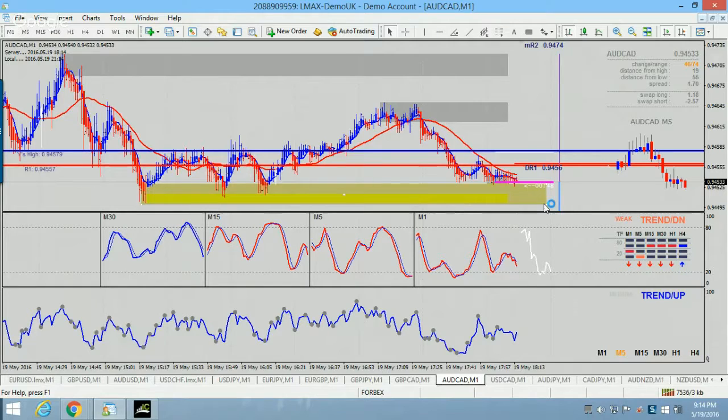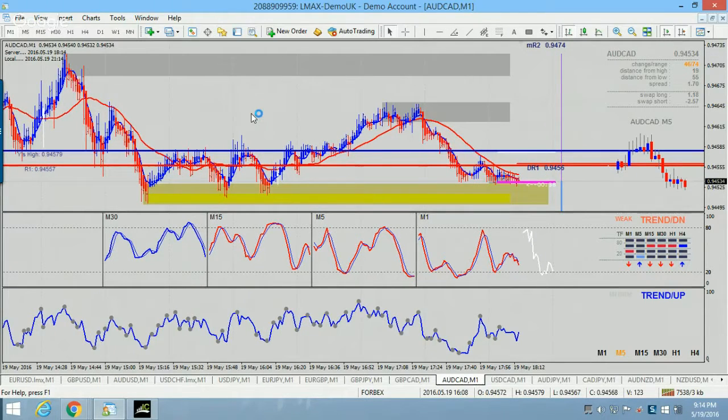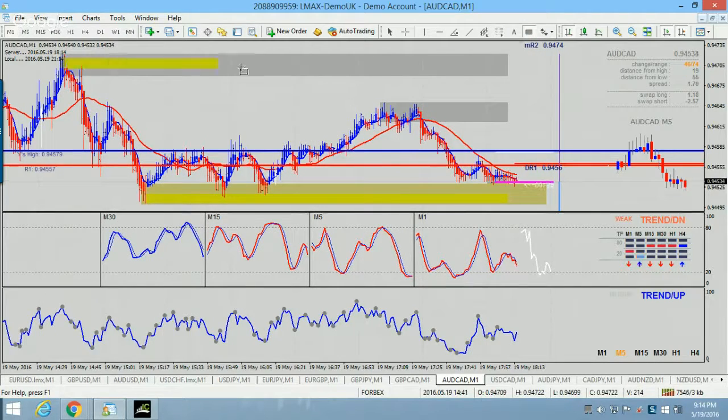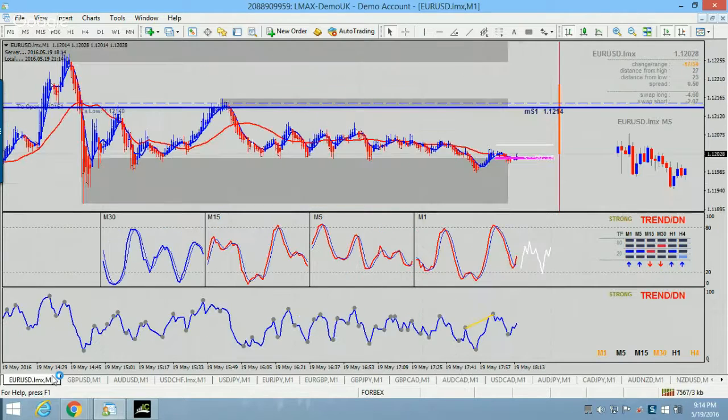So these are the corrections that you are going to practice when you see that there is a bit of a difference. This is really correct. Yes, this is correct as well. So generally, the indicator will leave the supply and demand areas really correct.